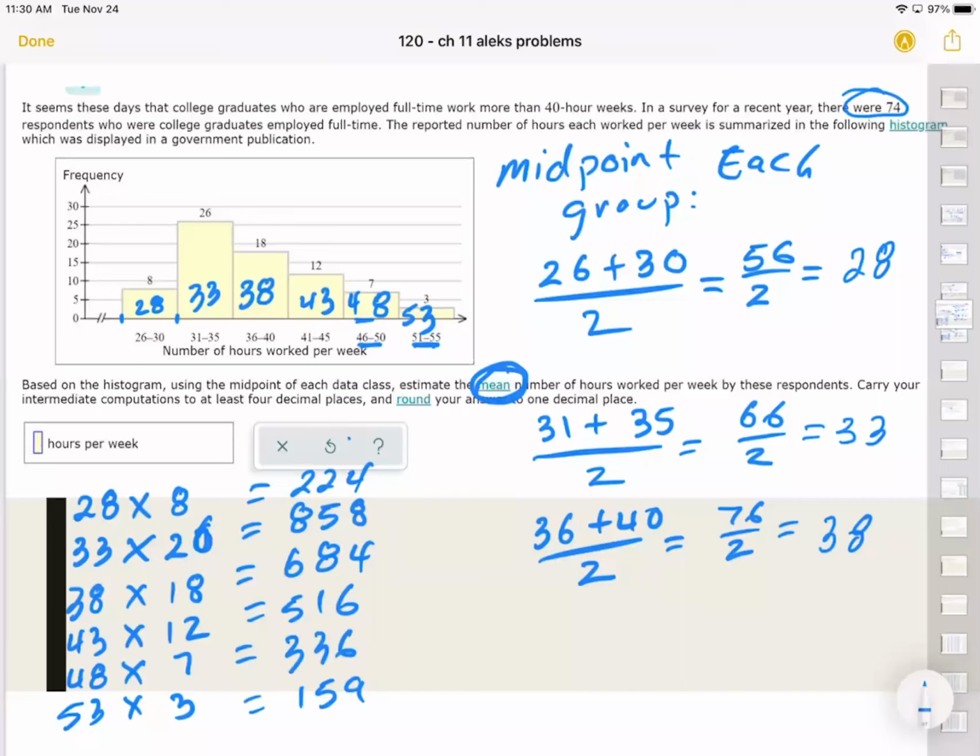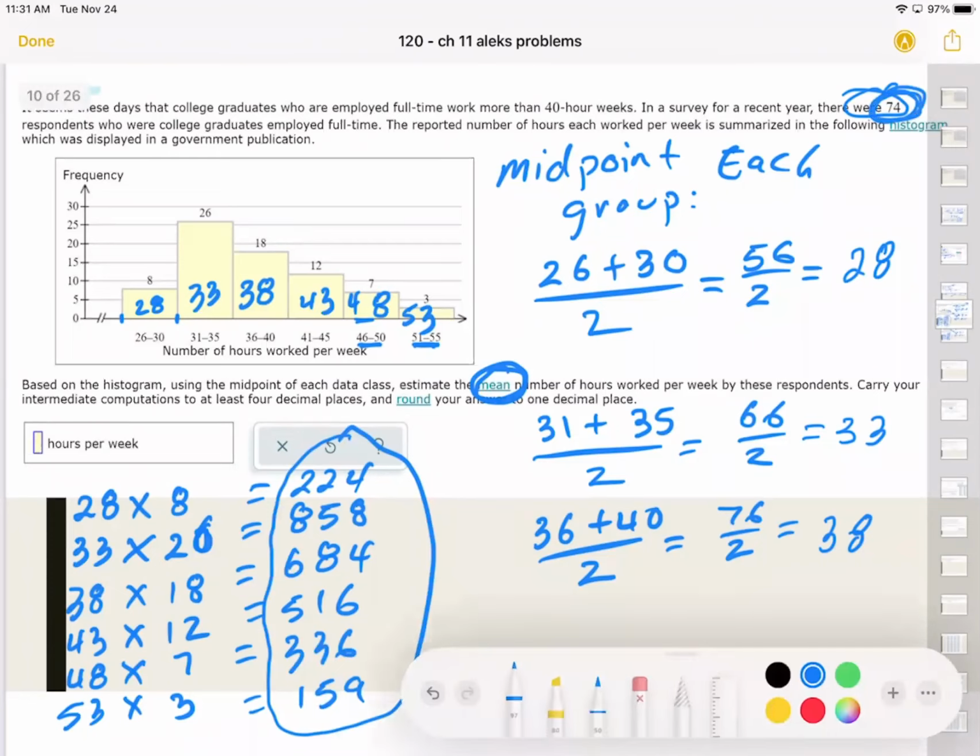And then again, all you do is add all this up and divide by the total of 74, and you should get the mean.